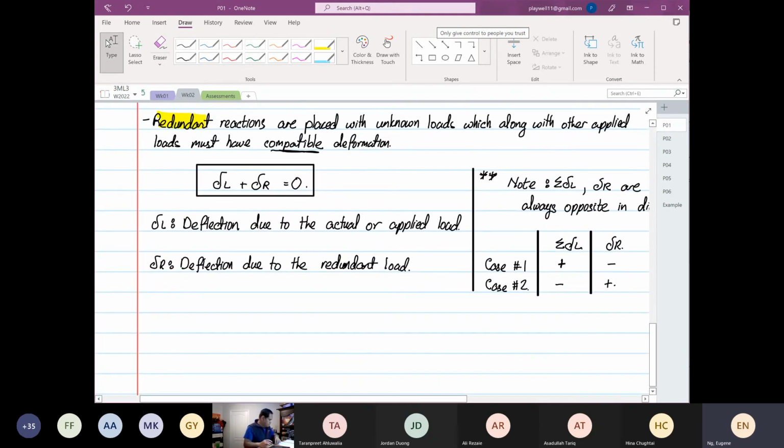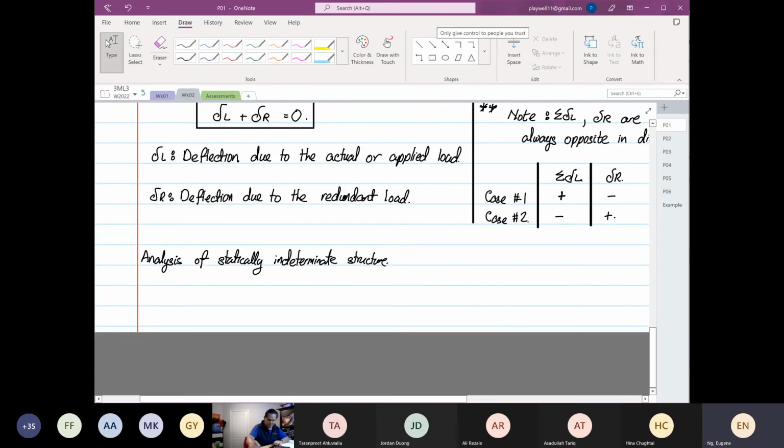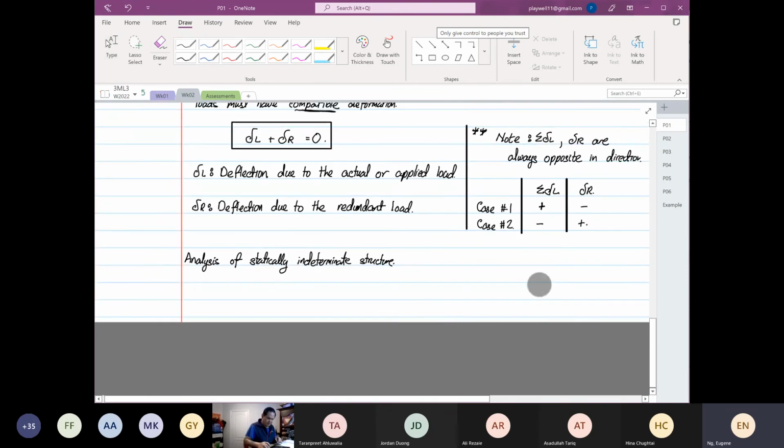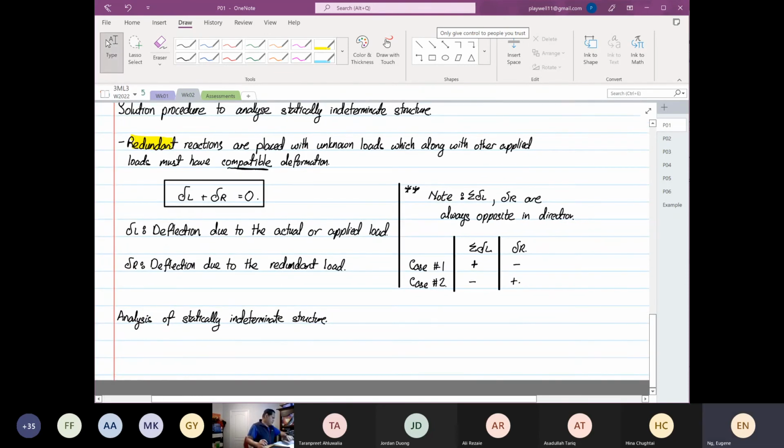So we are going to look at the analysis of statically indeterminate structure. I'm going to use the next page. I'll leave this on for you to copy for 30 seconds. If some of you are copying, you can do so.